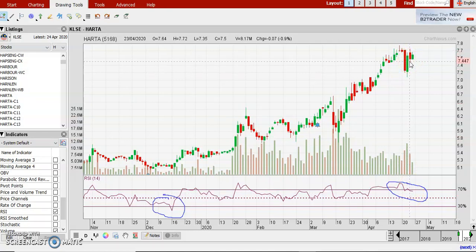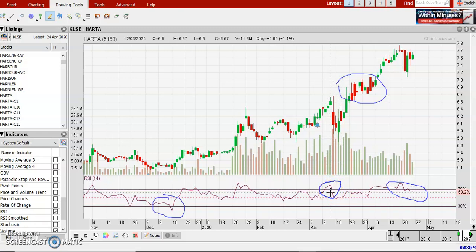It may take 2-3 days or a week. For example, you can see here it increased and this is a correction. It takes about 10 days, about 2 weeks, before it continues to increase. The RSI already showed a correction signal at this point, and it crossed below the overbought line.